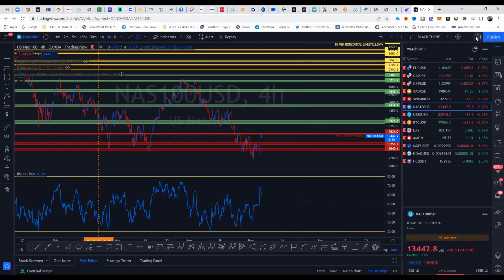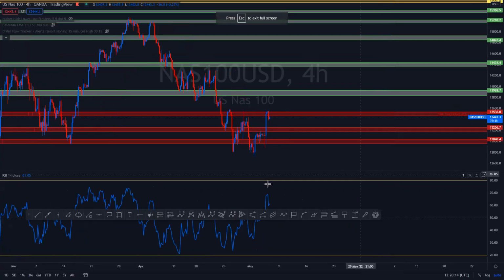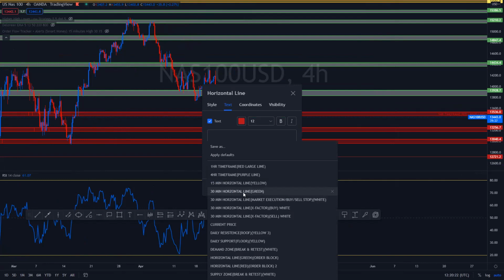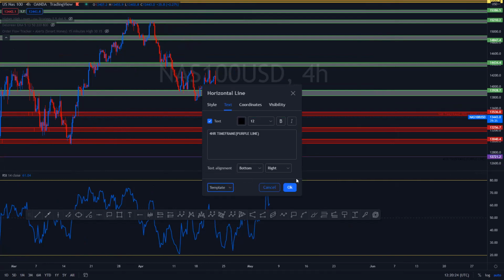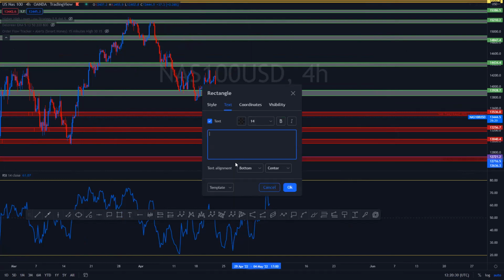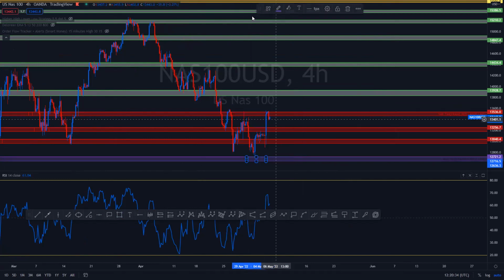And of course, this is what it looks like on the 4 hour. So we pretty much got everything marked up until current price. I want to put another zone down here. So now we're at current price.